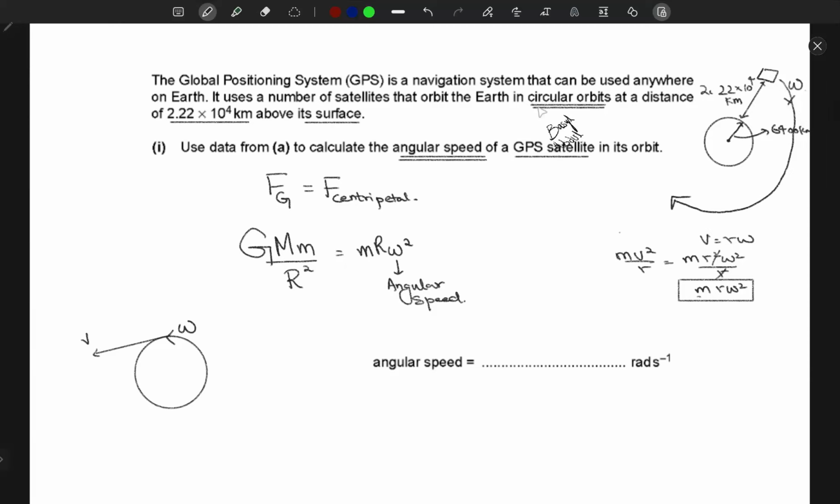This point, circular orbits, was a key point, and that's the reason I can say that the force of gravity is equal to the centripetal force, because the force of gravity is the cause for that centripetal force to be there. So is that clear?